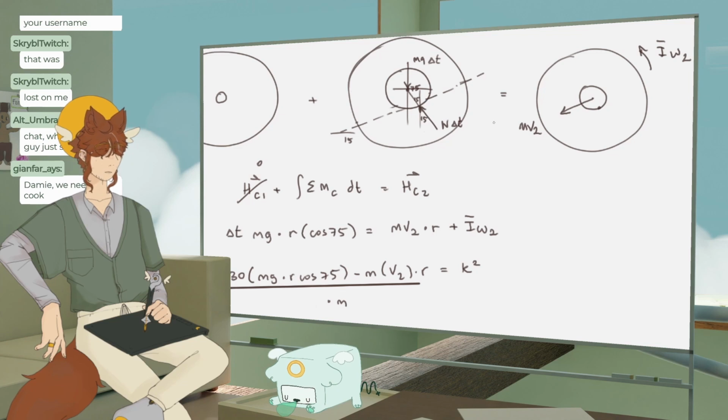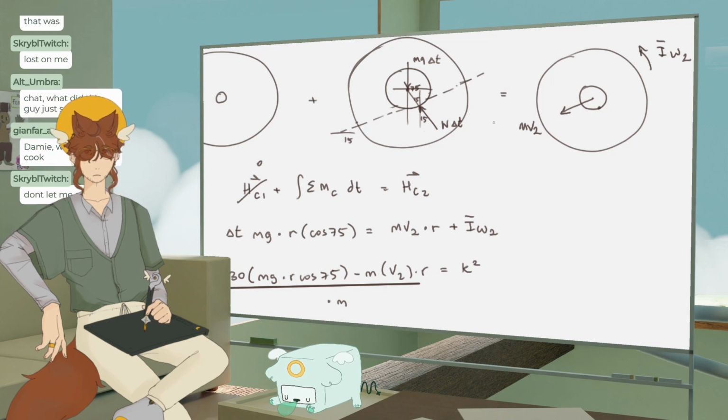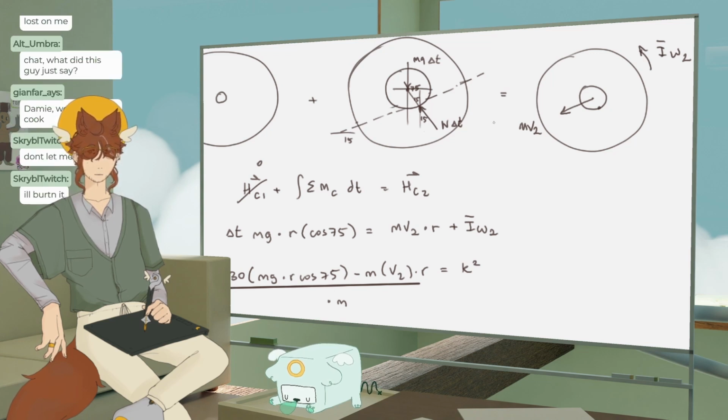I know at the mV^2 there. I know the omega of, like, wait, wouldn't it just be V over R? What the hell am I talking about? Because the omega is the same for the whole shape.